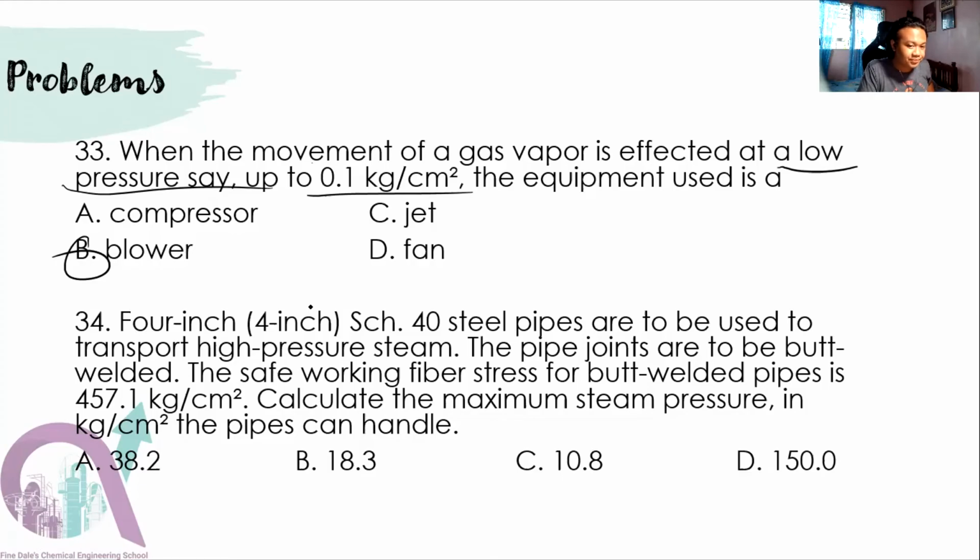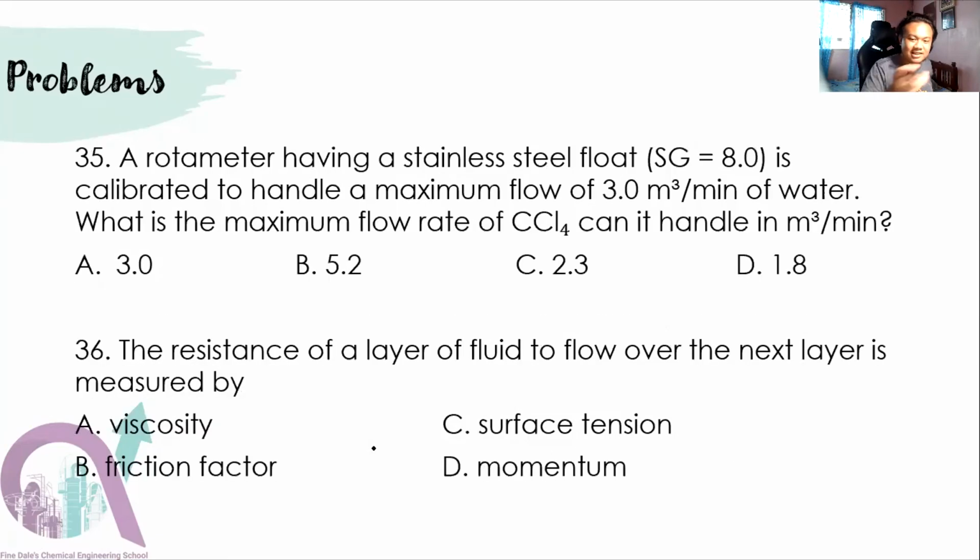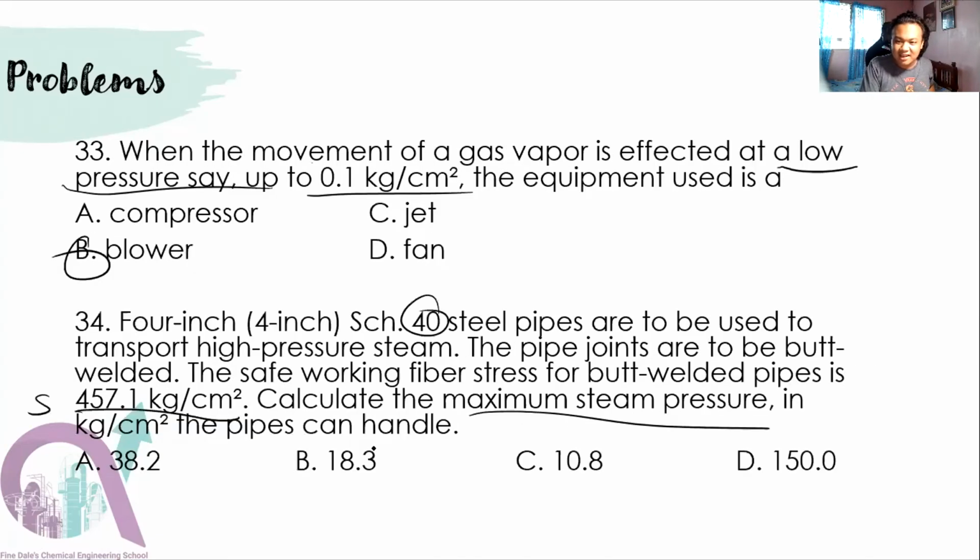So number 34 is actually interesting. You have the safe working fiber stress, S, and then we have schedule 40. We need to find the maximum steam pressure. So let's use the formula for the schedule number.